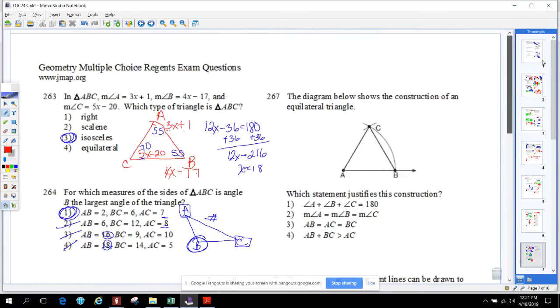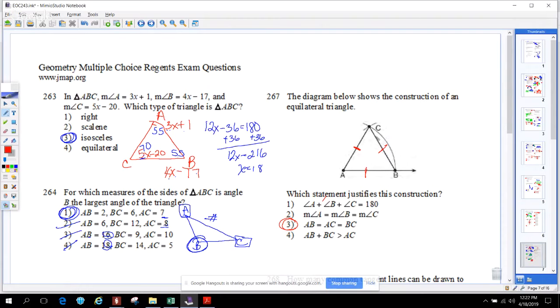Next, we have a diagram below, and we have a construction of an equilateral triangle. Which statement justifies this construction? I don't know if you're going to have to do this one. Basically, the way that you create an equilateral triangle is you actually create sides. So it's choice 3. We're proving that these 3 sides are the same measure.